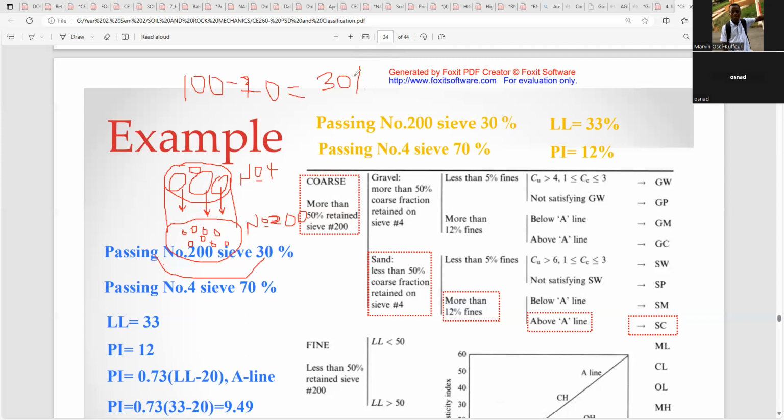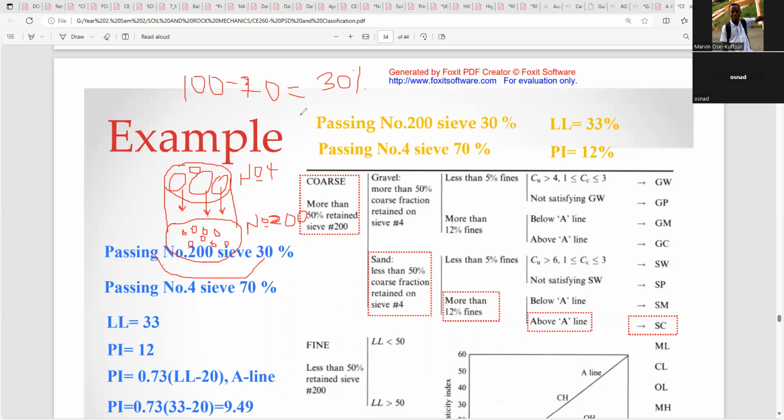Please, is that clear? Yes, sir. Okay. So it means that 30% ended up retaining on sieve number 4. It couldn't go through sieve number 4.